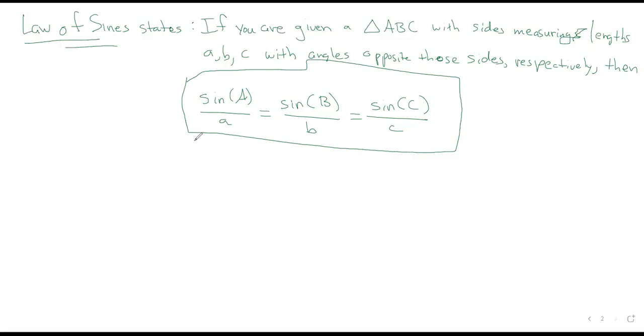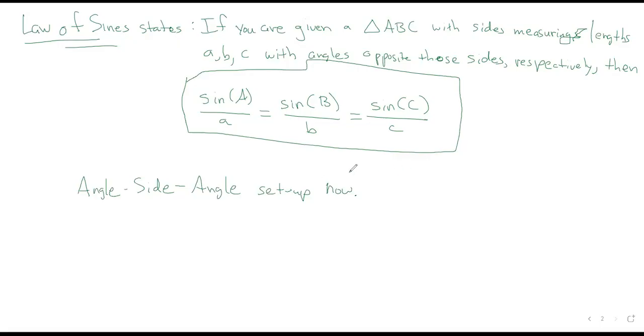Okay. And like I said, today we're going to focus on the angle side angle setup, so that we can see how the law of sines can be used with this kind of structure.